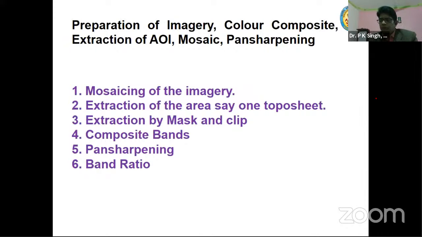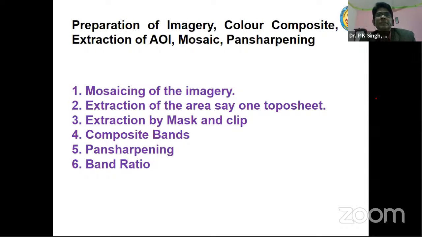Now I hope you have got the basic idea of the structure of data, and then how to do some image processing. What is image processing? Simply making some changes in the image to extract the maximum information you are interested in. Data will be converted into information. As a geologist, I would be interested to know the type of lithology, the major lineaments, the different geomorphic units, how some structures can be picked up from this type of remote sensing data.